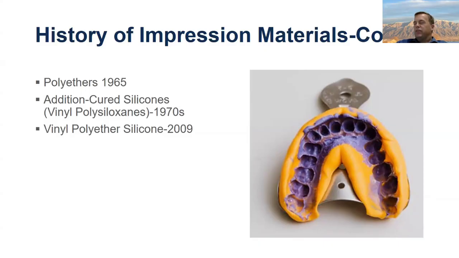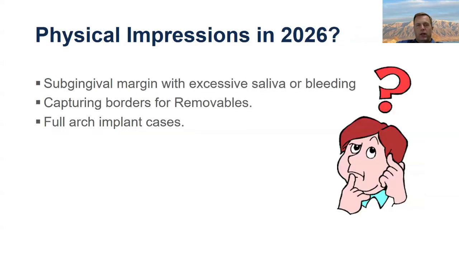Interesting, VPES, I haven't heard much about it anymore. I think it came out at the wrong time. Somebody thought, let's take the hydrophilic nature of polyethers and combine it with all the other good stuff from VPS. They're still being sold, and I think it's a good material, but it was a new and cool impression material when digital was coming along.